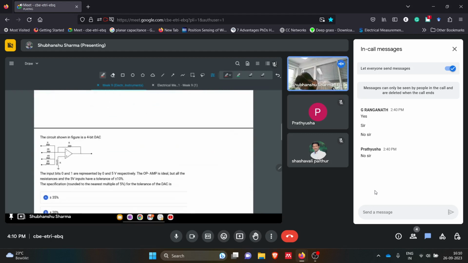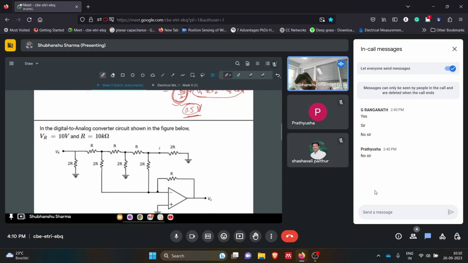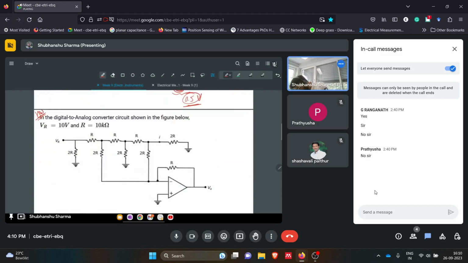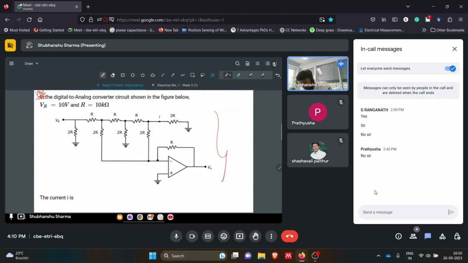I will give these two for homework. You should think, this involves the application of simple basic electrics and some op amp concepts. If you know these two concepts, although this is a DAC converter, you can solve this and get V naught.